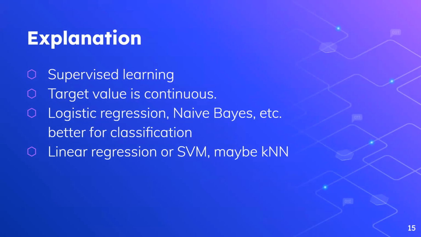So we went for models that are better for a continuous target value. Like we didn't go for logistic regression or naive Bayes because they're better for classification, like categorical target values. We tried the linear regression, SVM, and also the KNN, and we did the train and test, as we'll see in the next slide.